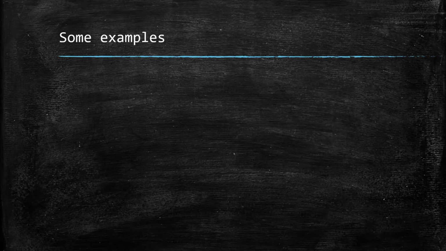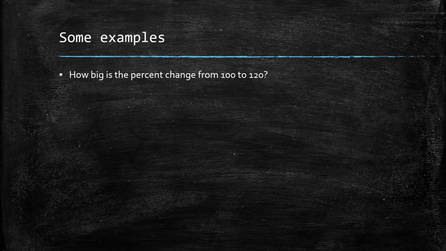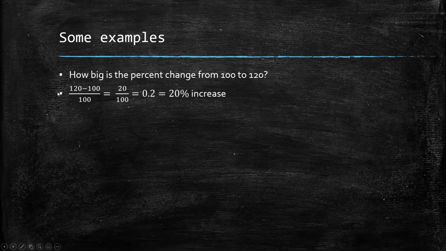So let's look at a few examples of this. The first one, let's look at how big the percent change is if we go from 100 to 120. I'm just going to throw that in my formula here. My new number is 120. My original number is 100, so that shows up twice.